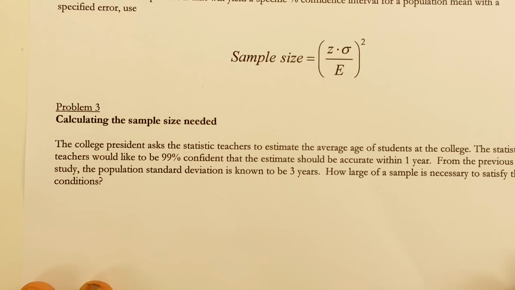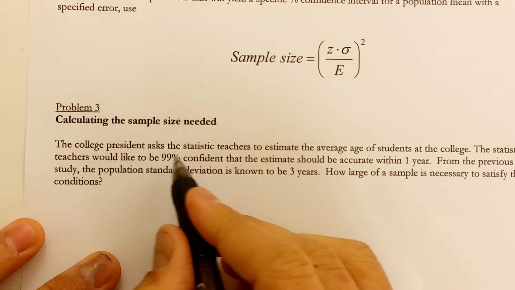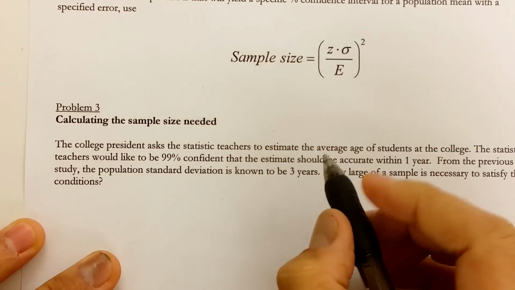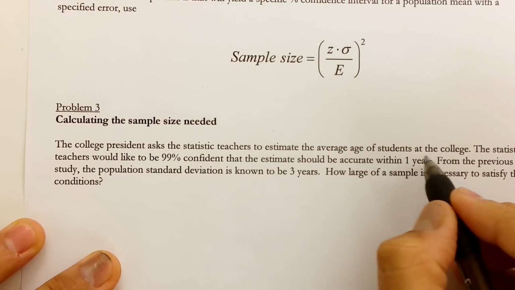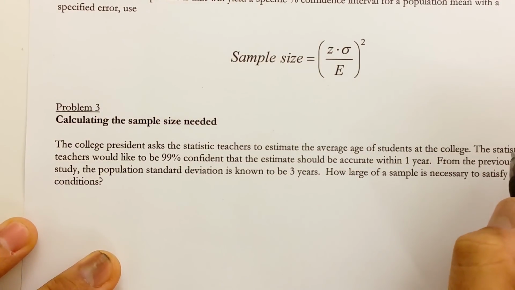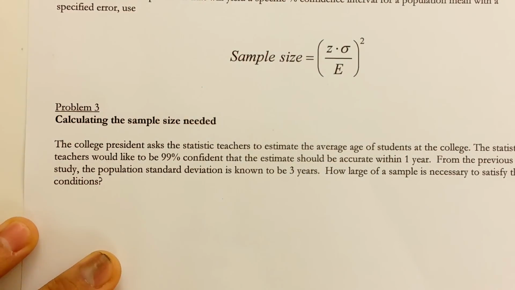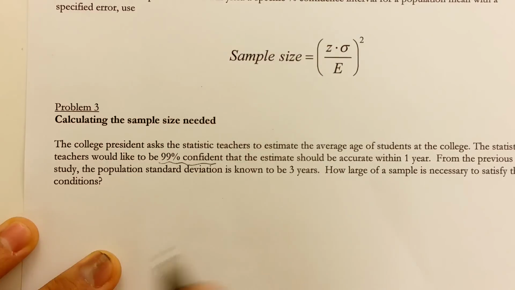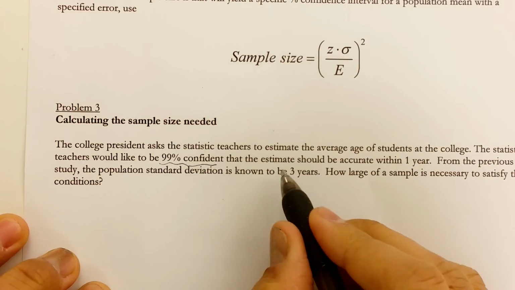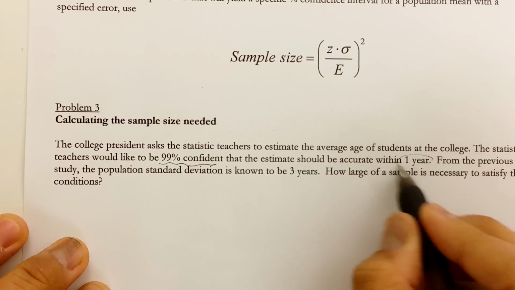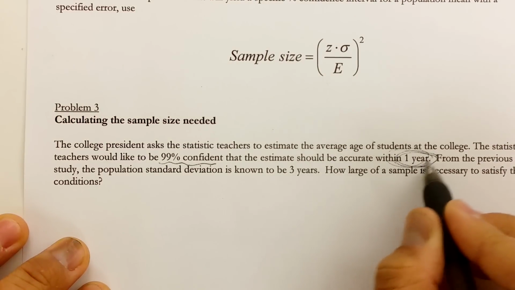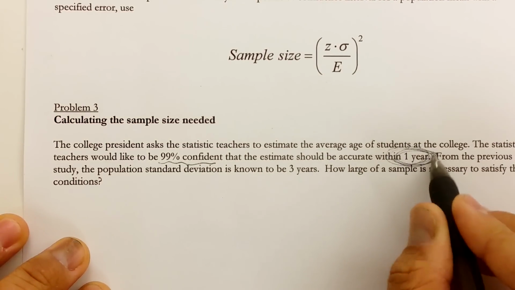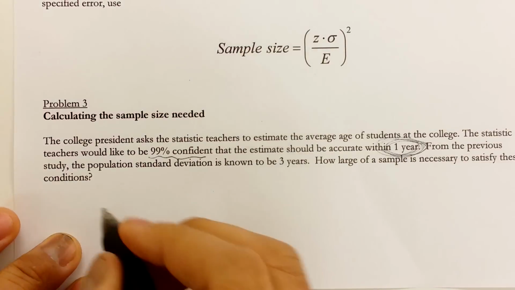Let's take a look at an example on how we use that formula. Let's say a college president asks the statistics teachers to estimate the average age of students at the college. The statistics teachers would like to be 99% confident that the estimate is accurate within a year. So they don't want to be off by more than a year.